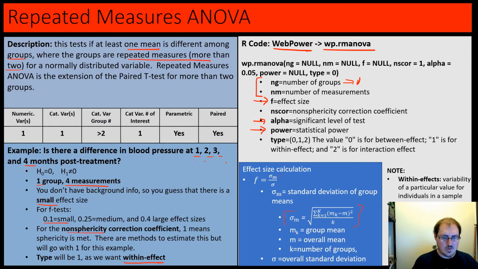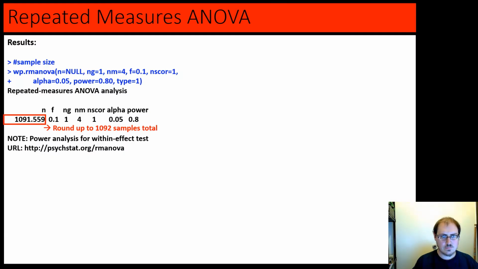Again, this non-sphericity correction coefficient, nscor, 1 means the sphericity is met. So we're just going to assume that it is for this, but obviously we can run tests when we have background data. So looking at this in R, we use that wp.rmanova. For the number of groups, we can just put NULL.